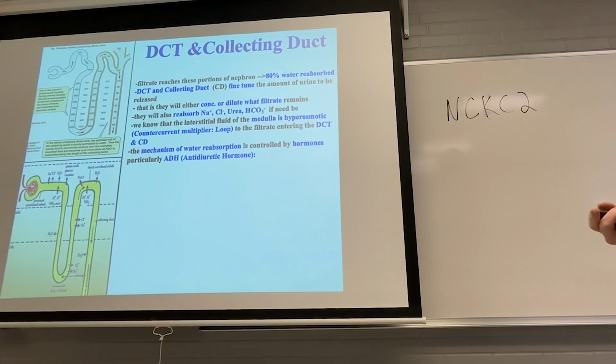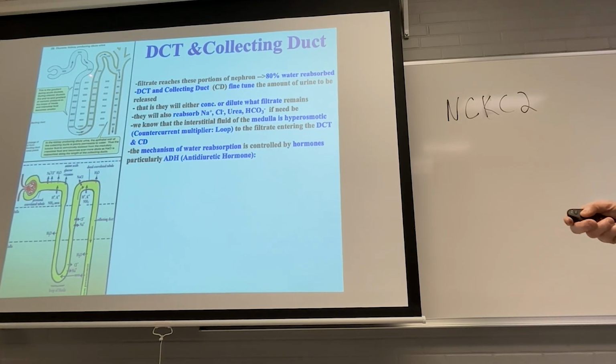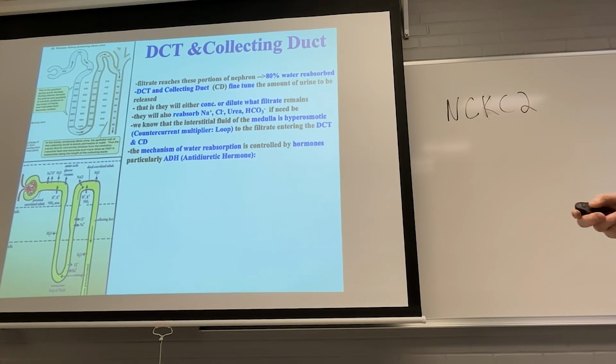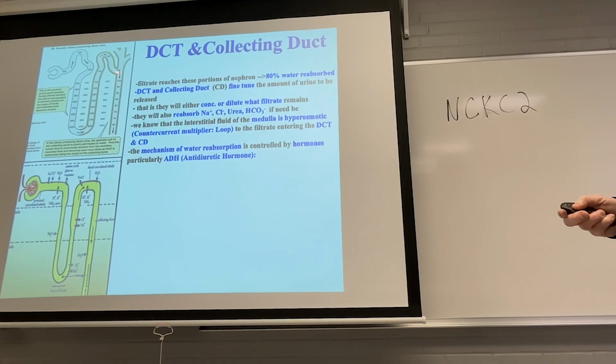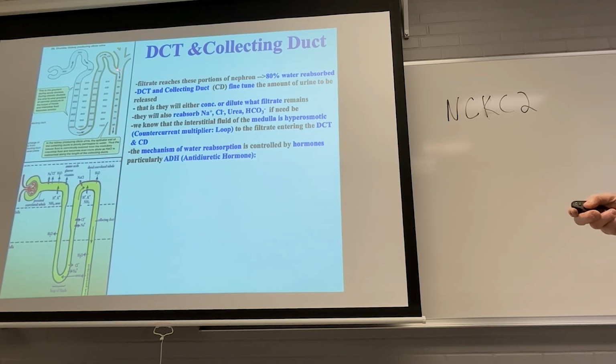That happens when you get to the point in the above example where we've got to the end of the DCT, right? And I have 100 milliosmoles of volume of fluid, and I'm simply going to allow that fluid to escape, right? So I'm not going to be permeable to water. But along the collecting duct, I'm still losing some of these ions from the filtrate.